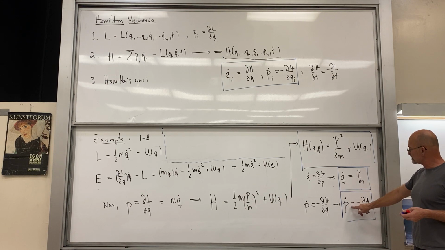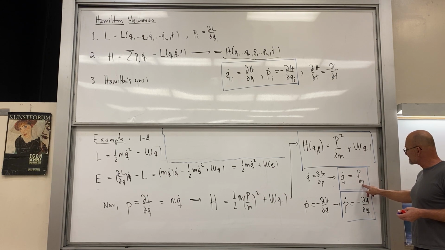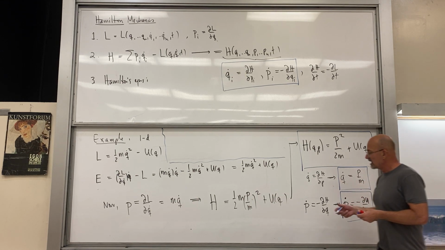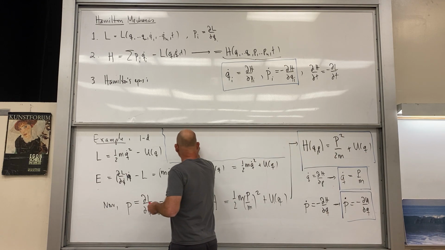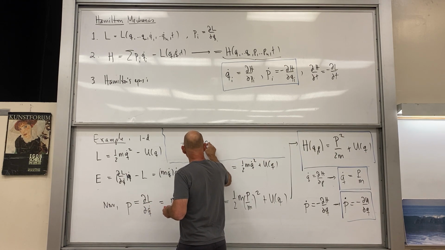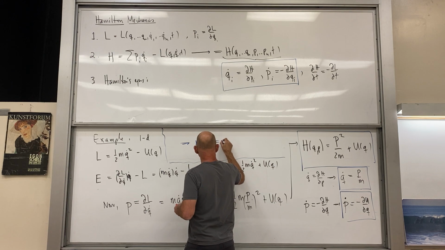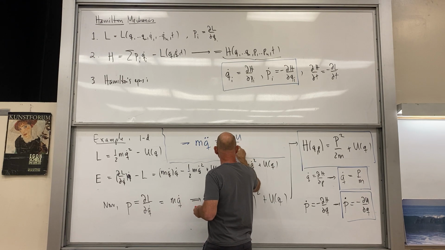And the final thing is we're just going to plug this p in here and take the derivative. You'll see p dot is m q dot. P is m times q dot. P dot is m q double dot. So what we get here is m times the second derivative of q equals minus dU/dq.